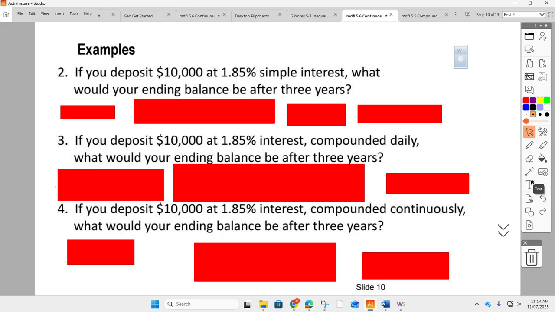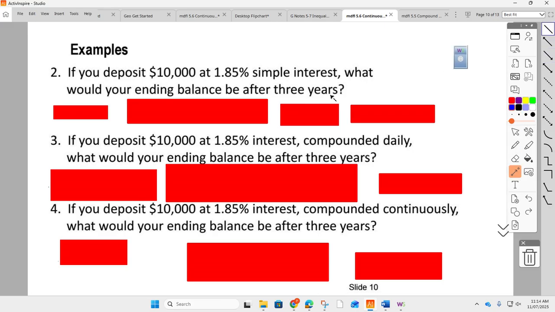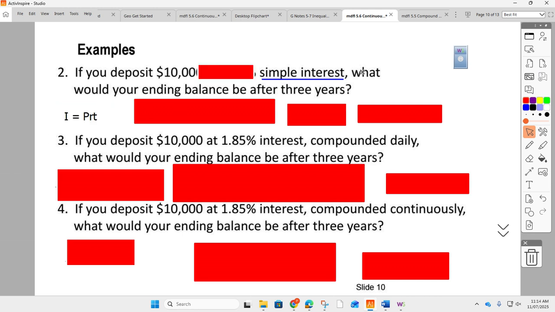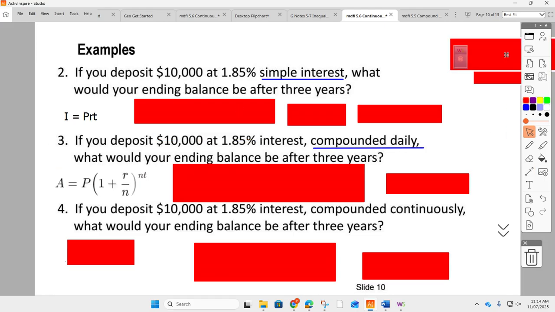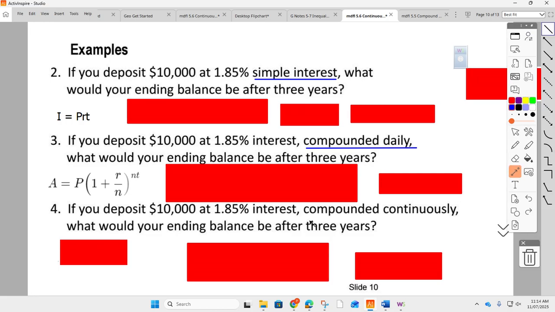So simple interest tells me I'm using that formula. Compounded daily tells me I'm using this formula. Compounded continuously tells me I'm using this formula.